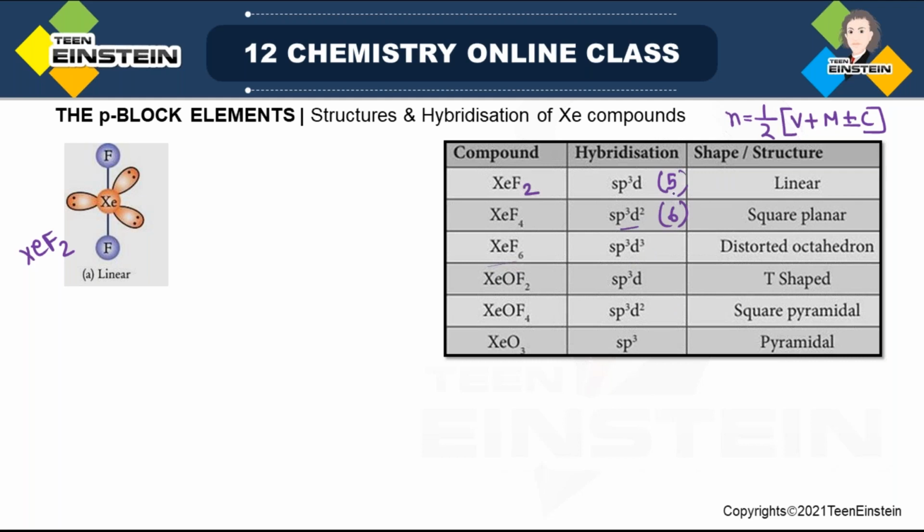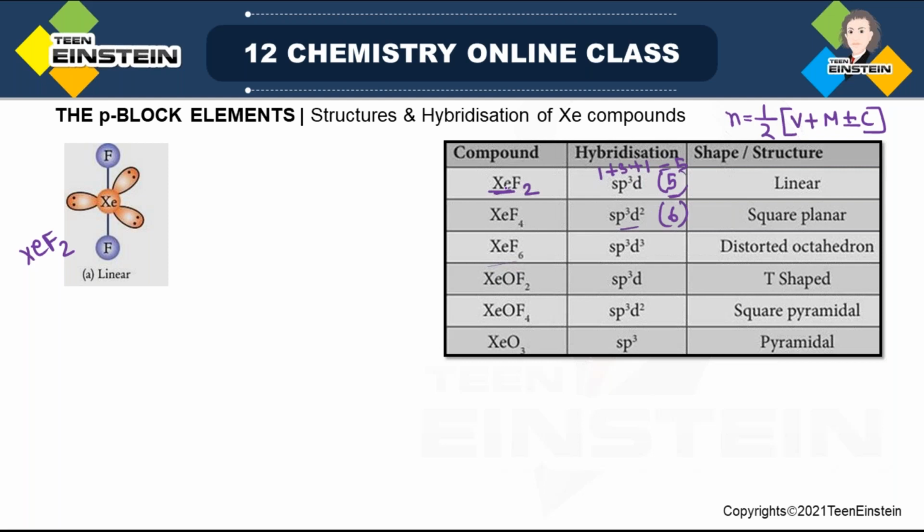sp3d3. Now see, it is very easy to understand. If you are thinking how you will remember it: sp3d means 1s, 3p, 1d. So hybridization is occurring by taking 1s orbital, 3p orbital, 1d orbital. So after hybridization, you will be getting a total of 5 sp3d orbitals. And obviously the coordination number will be 5, because the central element, that is xenon, will use its 5 sp3d hybrid orbitals for bond formation with fluorine.